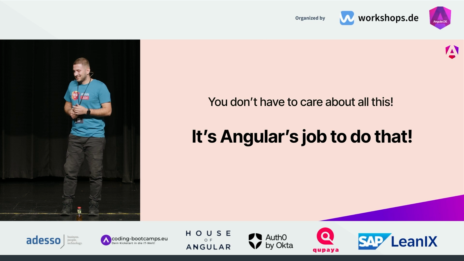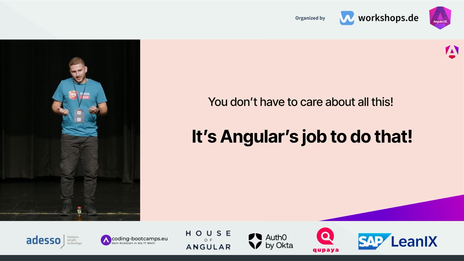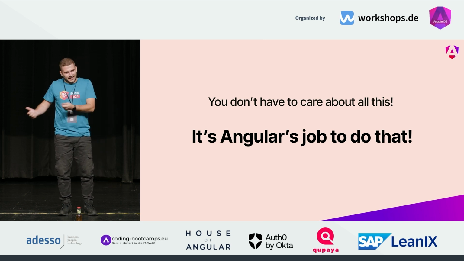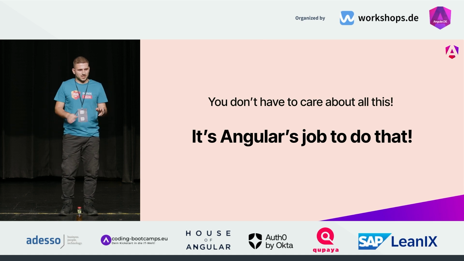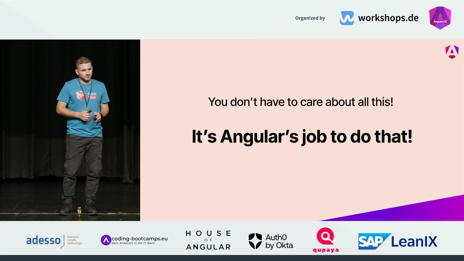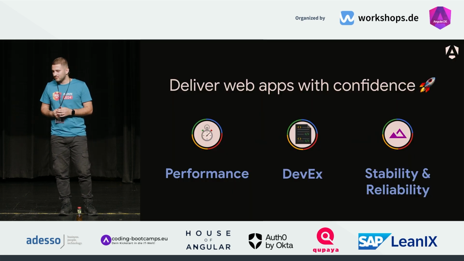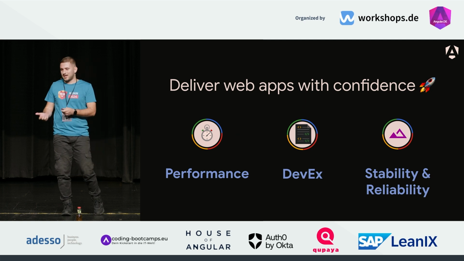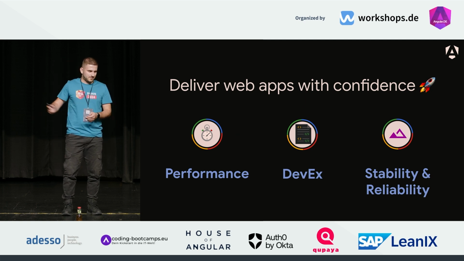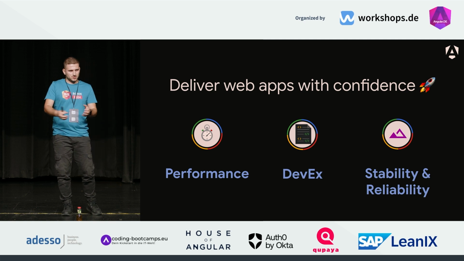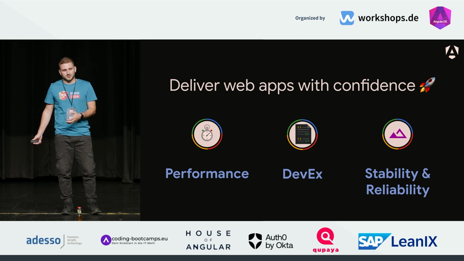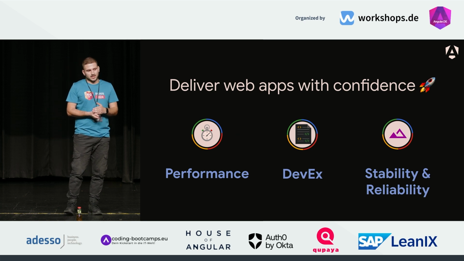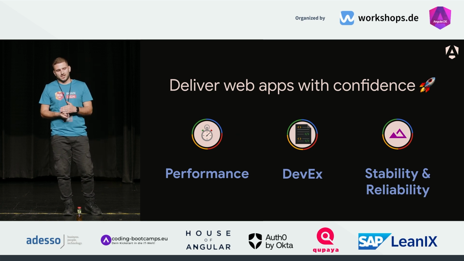So what I want to say is you don't have to care about all this. It's Angular's job to do that. As I said, if you use signals, you should be safe from any change detection issues you had before, also with mark for check and zoneless. So the whole idea is for Angular to deliver web apps with confidence. And that is by making it performant with the new change detection modes, by increasing the developer experience, so bringing signals to the table, and being stable and reliable, meaning it doesn't break old applications.